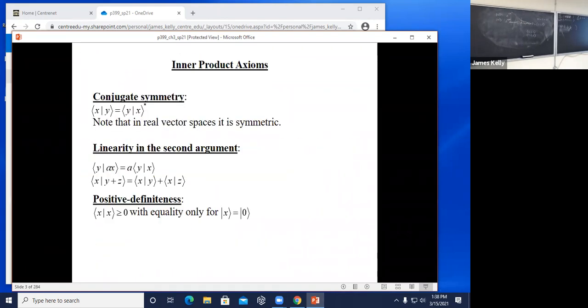Oops. Conjugate symmetry. So this is how we're going to denote our inner product, right? So if I have a vector v and w, and I want to take the inner product between them, there are actually 2 ways I could do it. One of them is denoted like this, and the other one is denoted like this.